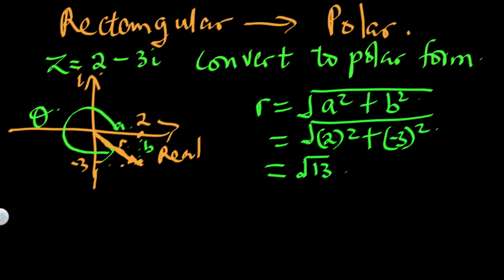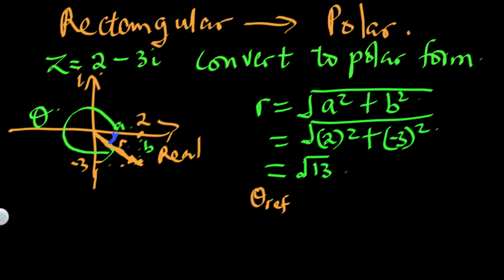Then we have to find the argument theta. But what we find from our calculator, and this is very key, is theta ref, what we call the reference angle. From our diagram, the reference angle is this angle here, in blue.